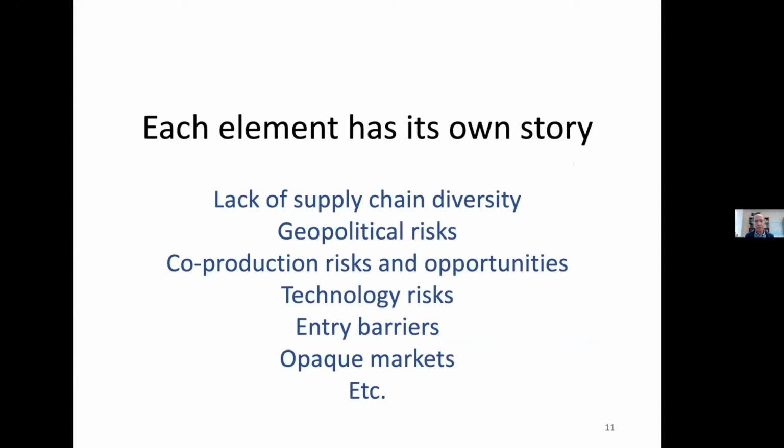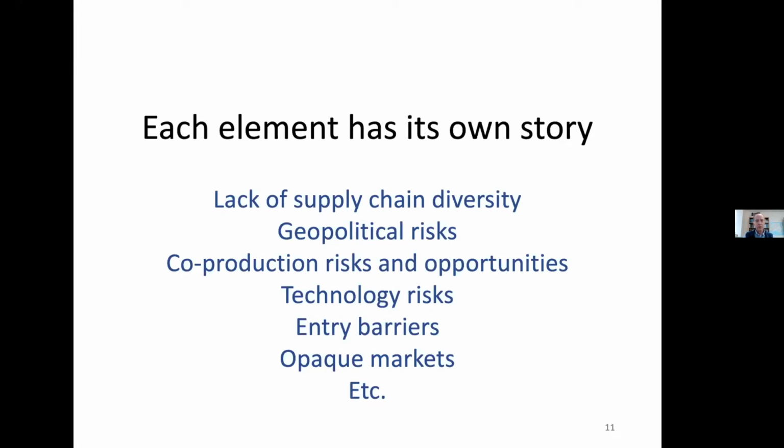Another statement about the economic context of critical minerals and critical materials. Each element has its own story, in the sense that what is a particular concern varies significantly from one situation to another. In some cases, it's lack of supply chain diversity, the single source of failure. In some cases, the single source of failure also is associated with geopolitical risks.